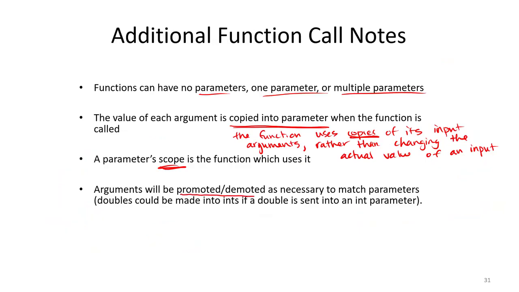And one other thing, as we mentioned before, arguments will be promoted or demoted as necessary to match the expected parameters. So if the function is expecting a double type argument or an int type argument, the inputs will be adjusted if you're trying to give your function an argument that is a different data type.